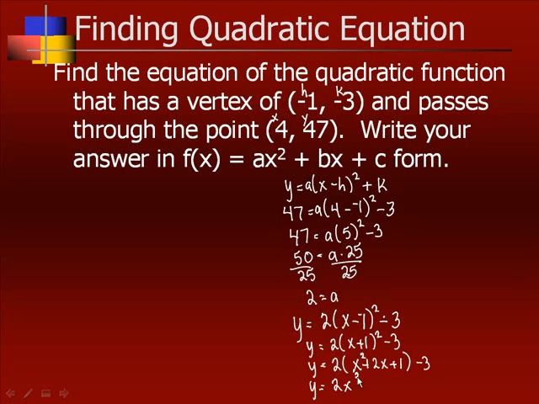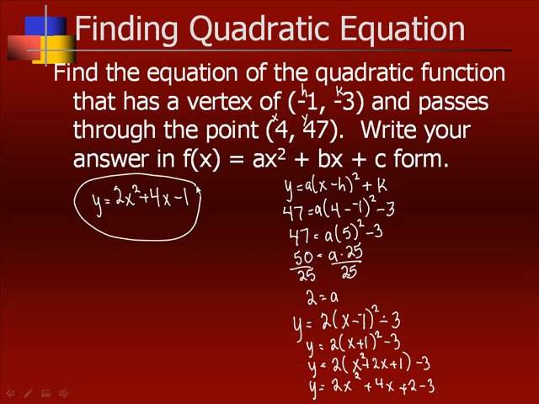So y equals 2x squared plus 4x plus 2 minus 3. Or y equals 2x squared plus 4x minus 1. This is the quadratic equation that has a vertex of negative 1, negative 3, and passes through the point 4, 47.